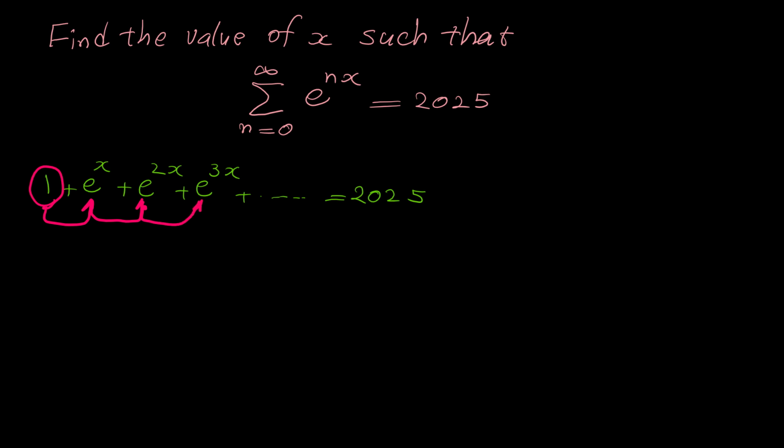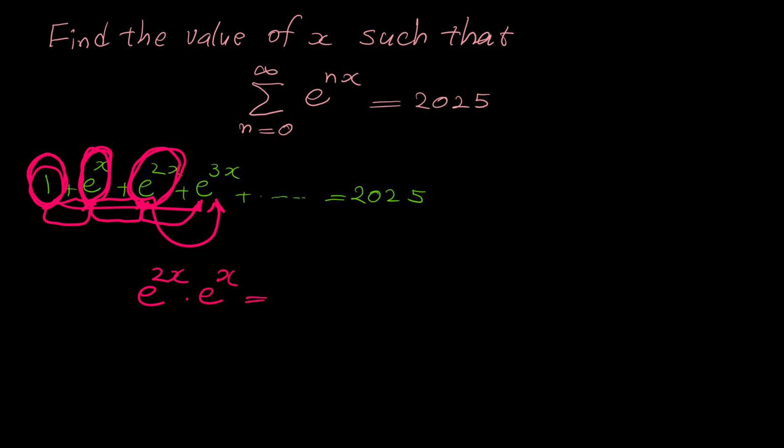And if you pay attention here, if we multiply the first term by e to the x, then we have the next term. By multiplying this by e to the x, we have the next term. By multiplying this term by e to the x, then we have the next term. Because, for example, e to the 2x times e to the x is e to the 3x.